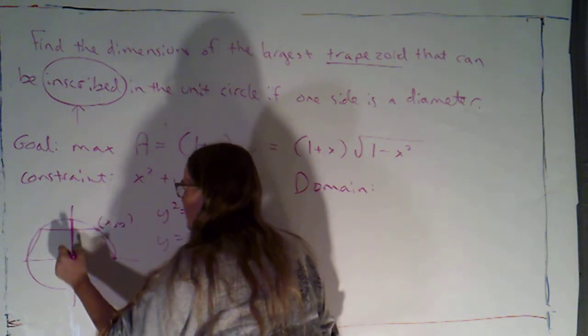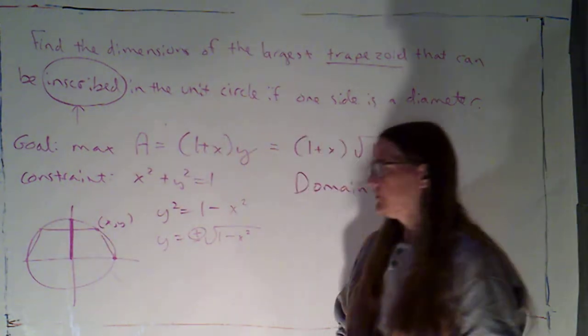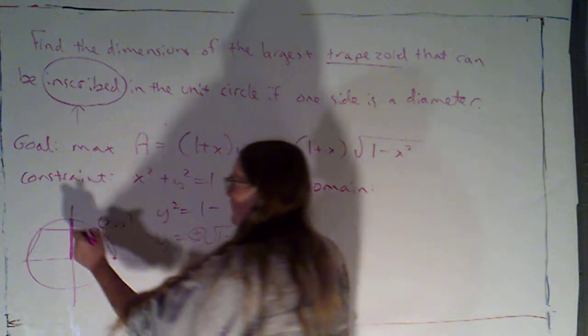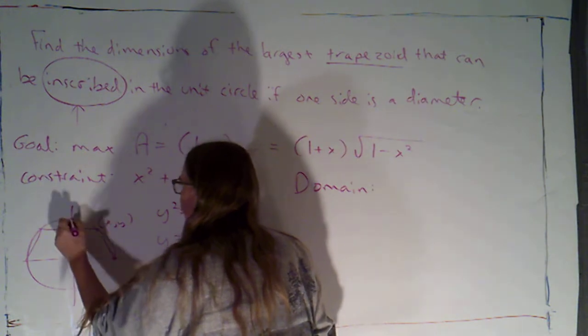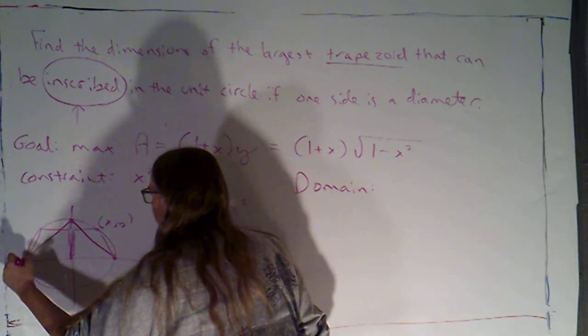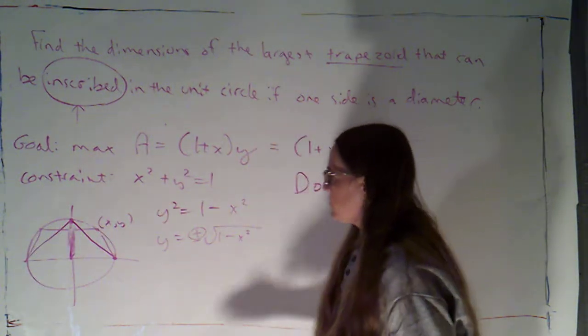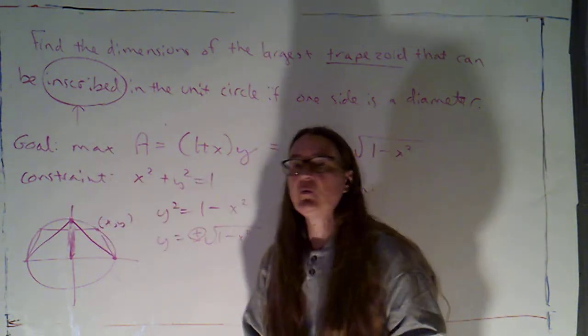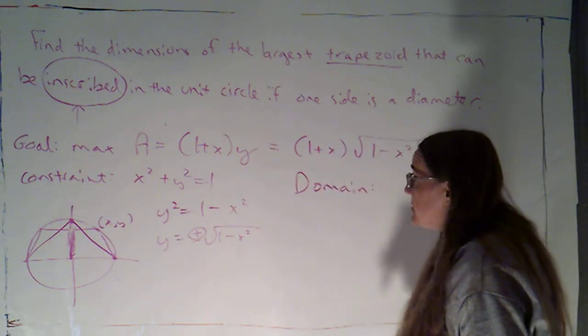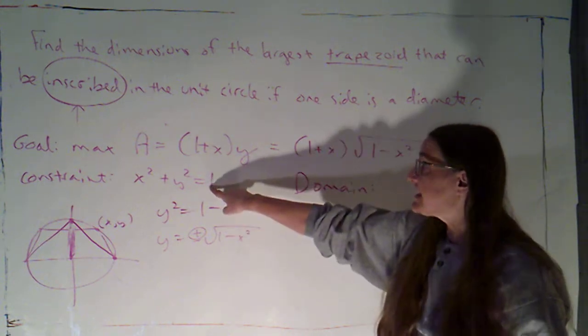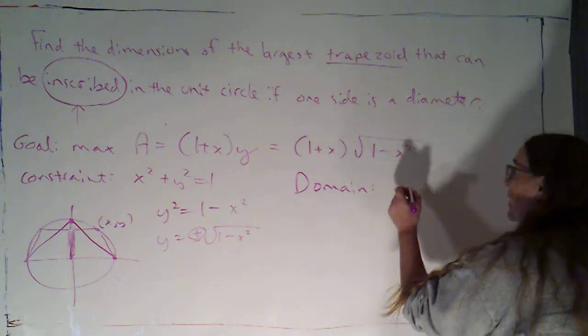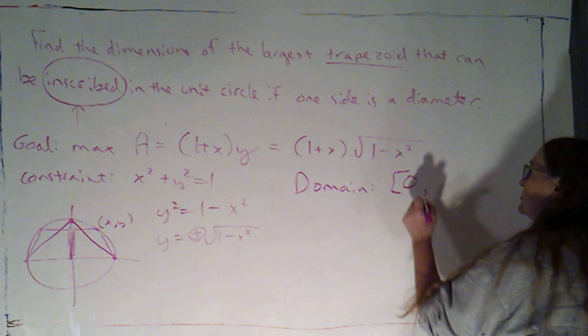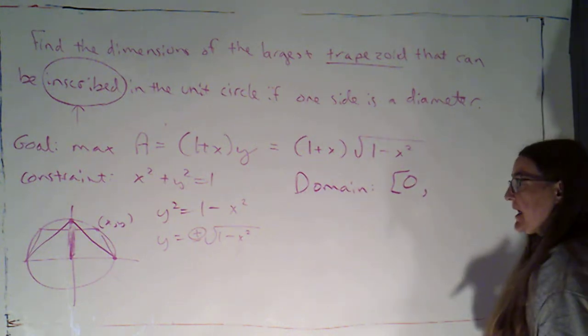That would give me, my bad, a degenerate trapezoid that would actually just be a triangle because this second base would be 0. But I can do that because that point does satisfy my constraint. So I'm going to choose to include x being 0.